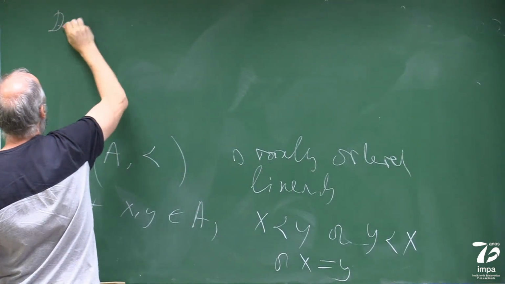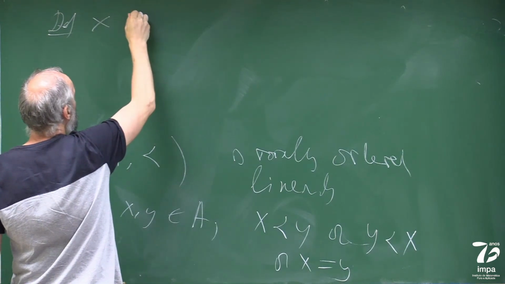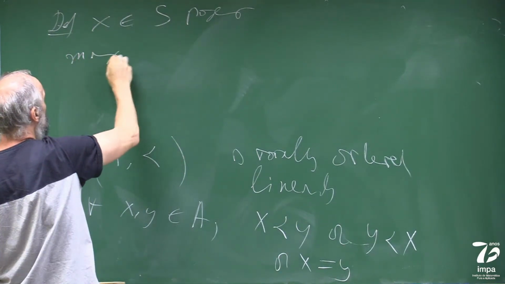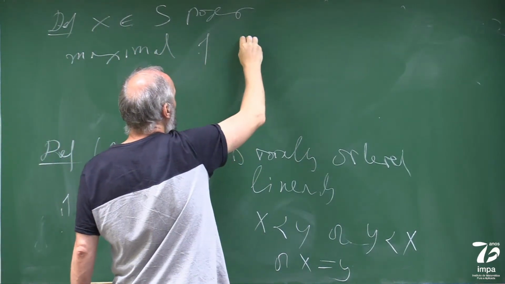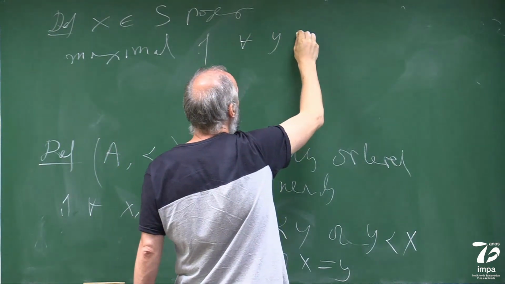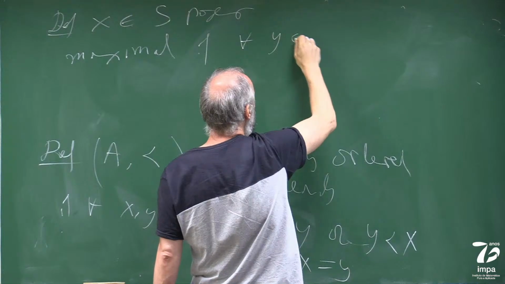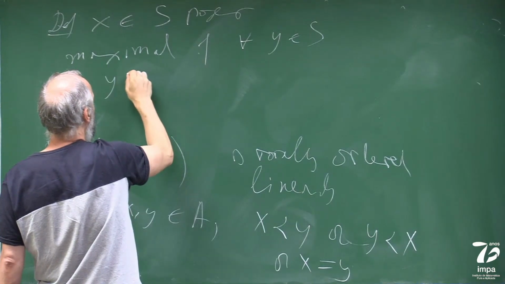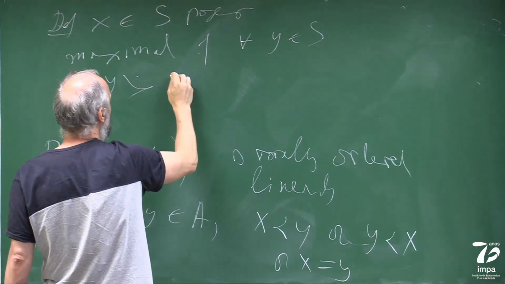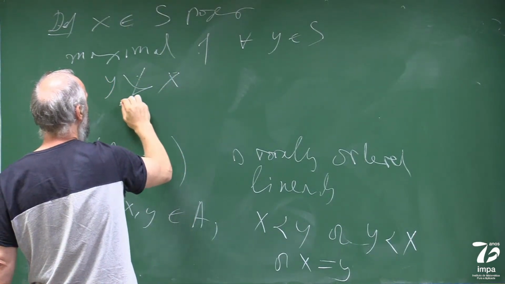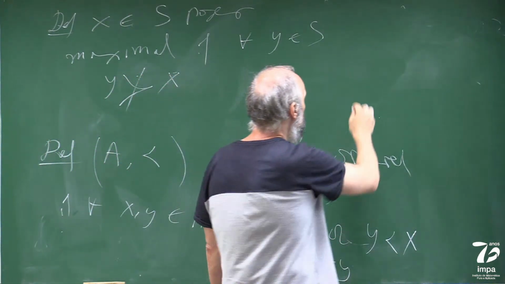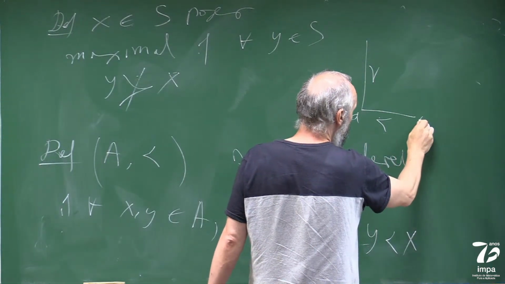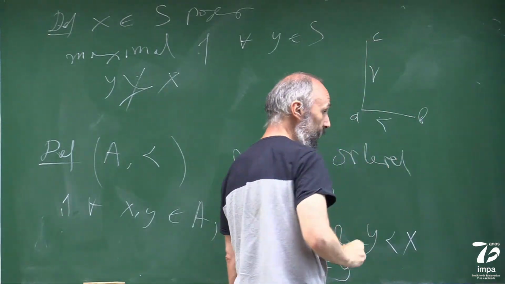Definition: x inside a partially ordered set is maximal if for each y inside S, y is not bigger than x. Then it is maximal. In a partial order, again with this picture, when you have this bigger than that and this bigger than that, these both are maximal, and A is not maximal.